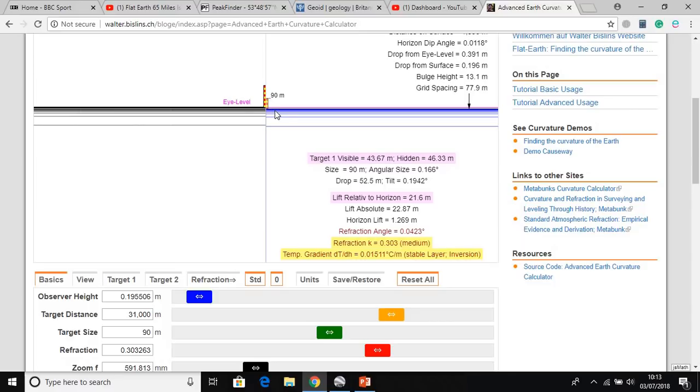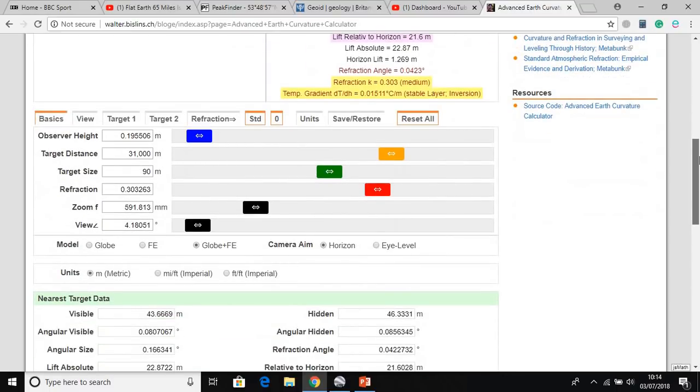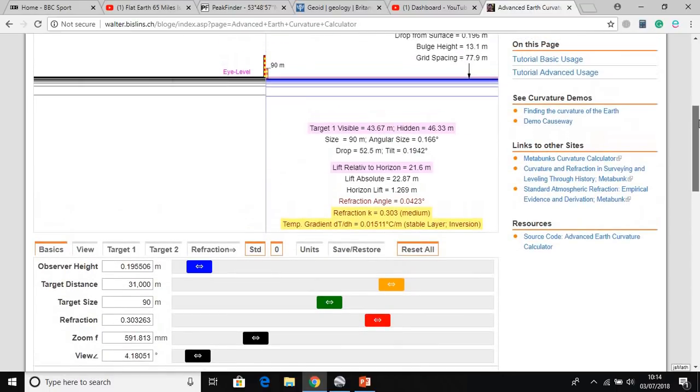And the answer is definitely the globe Earth, or the spheroid Earth model. Well, this is a spherical model of a spheroid Earth. It's far, far more accurate than the flat Earth model.